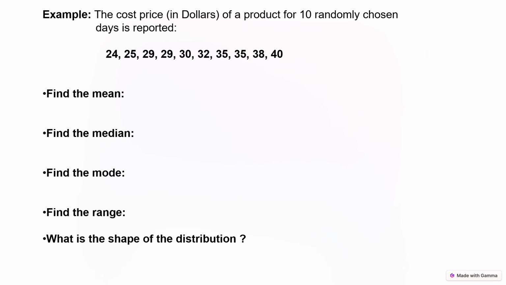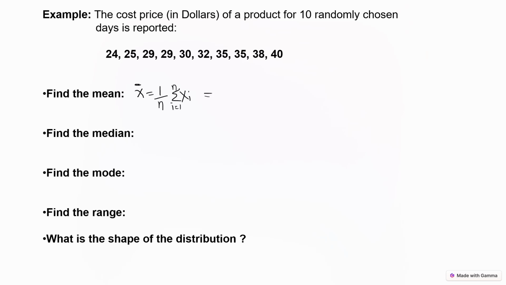To find the mean, we have several notations. The mean can be represented as x bar, which is the same thing as 1 over n times the summation of your xi, where i is from 1 to n.